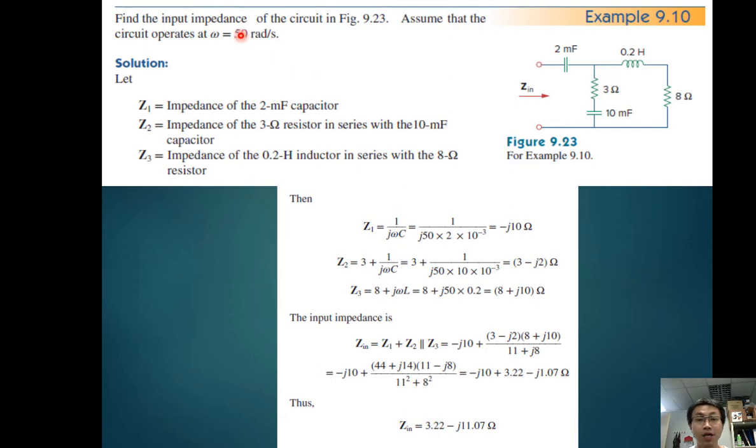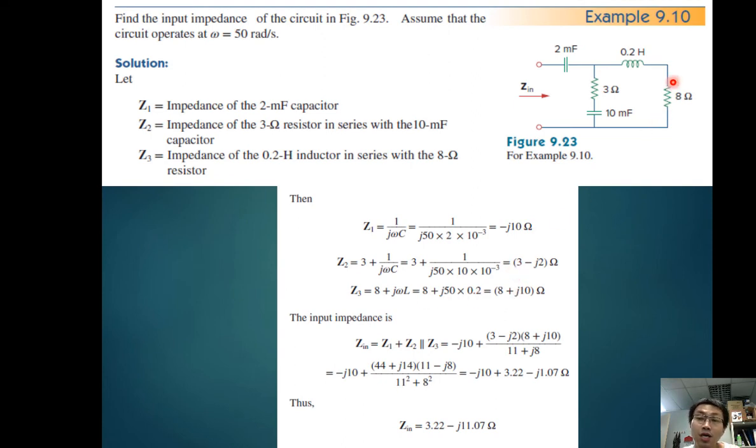Omega is given as 50 radians, C is 2 millifarad. I have negative j10. For Z2, 3 plus 1 over j omega C. Omega is 50, C is 10 millifarad. I have this one. Same as well for Z3, 8 plus j omega L. It is in series, so I have this one.